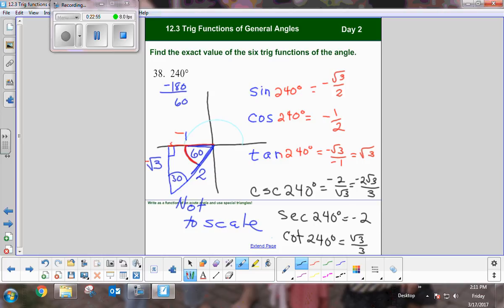Question there? Okay. So you really need to know those special triangles. And you should have them in your notes already, right?